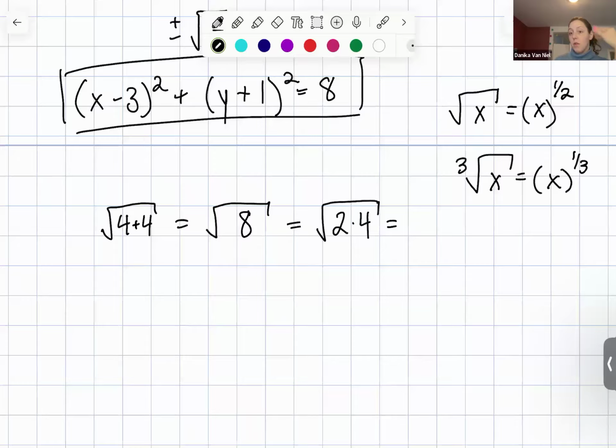Fourth root is 1/4, et cetera, right? So the nth root, for n some positive number, 2 or bigger, we get that.